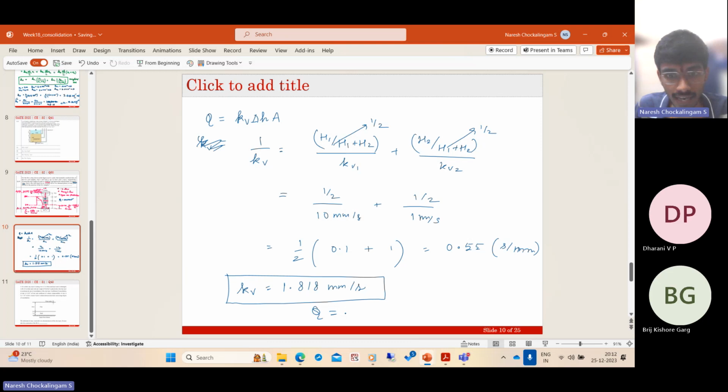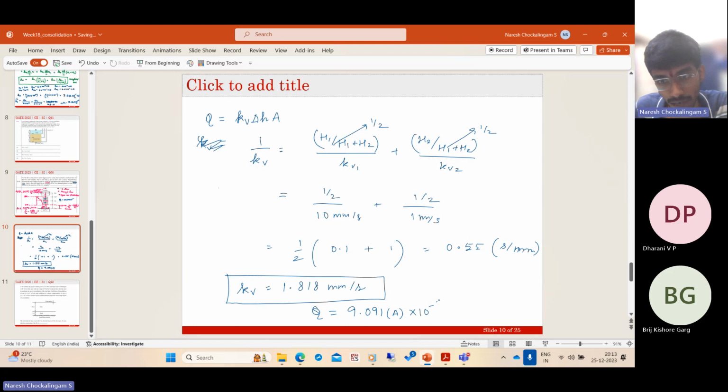Now, what is Q? kV into delta H. Delta H is 5 meters, so it is 1.818 into 5. So that is about 9.091 into A. And the units: this is mm per second and H is in meters, so let us assume everything in SI units.